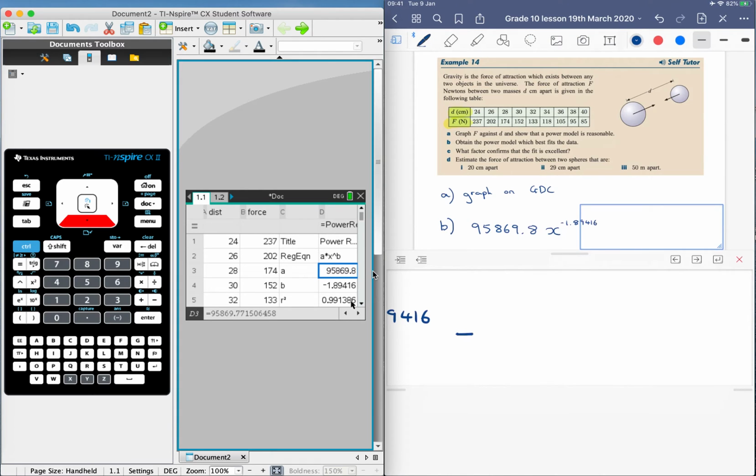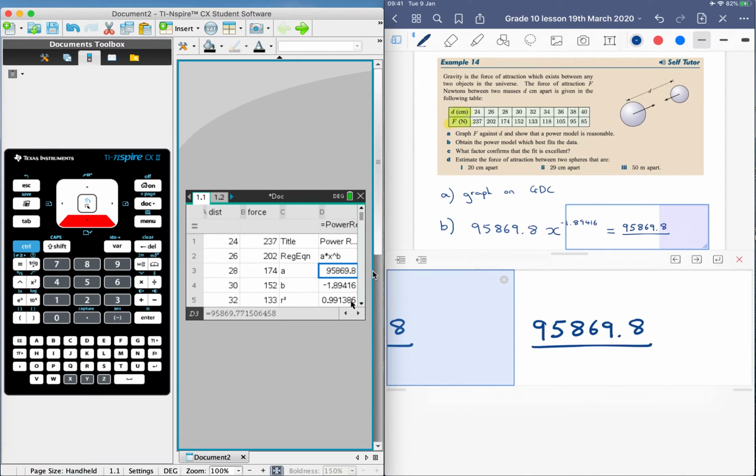So that is equal to 95869.8 over x to the power of 1.8914.